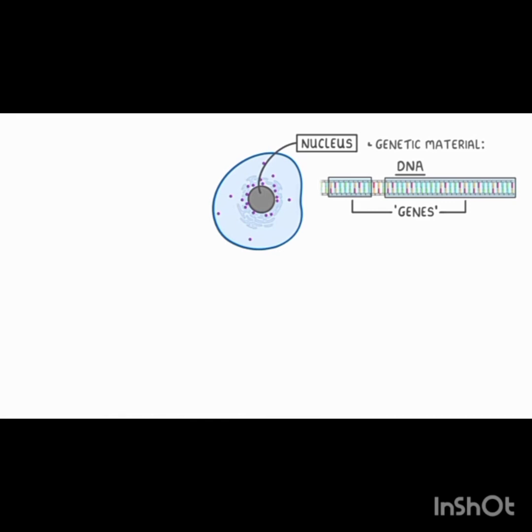Now every cell has a nucleus, and in the nucleus genetic material is present, that is DNA. In DNA there are strips of genetic information. These are all called genes.